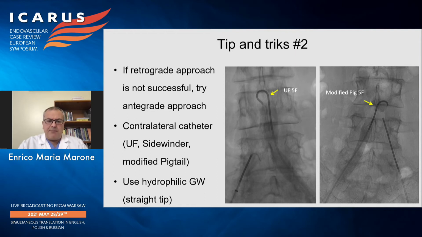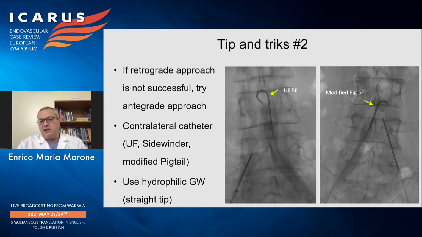This is an example. To obtain the recanalization by a contralateral approach, it is mandatory to have a dedicated catheter. The UF is an example, but my suggestion is to use a modified pigtail.